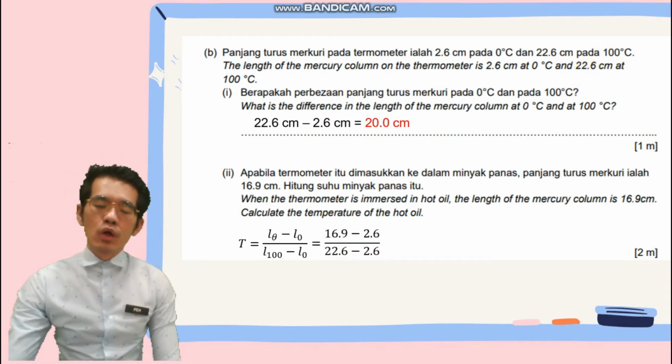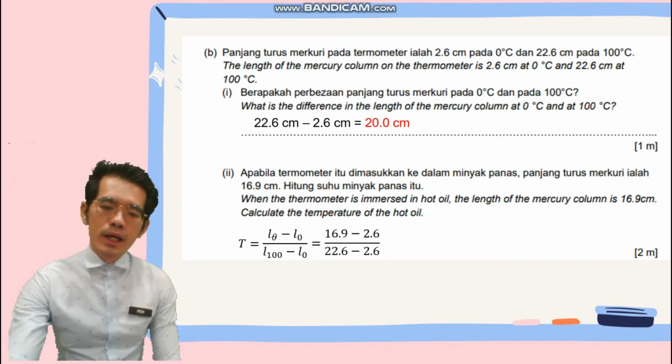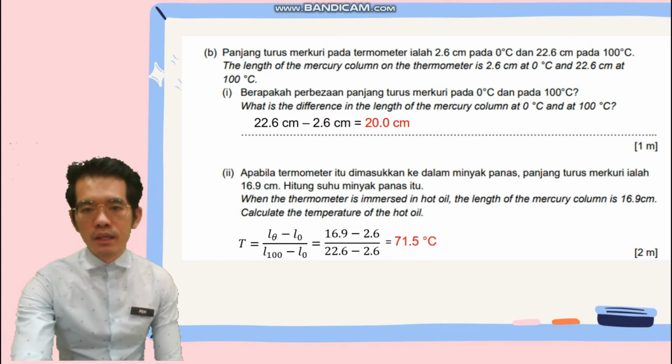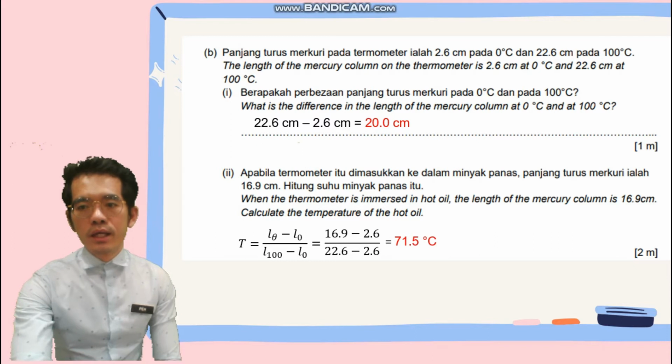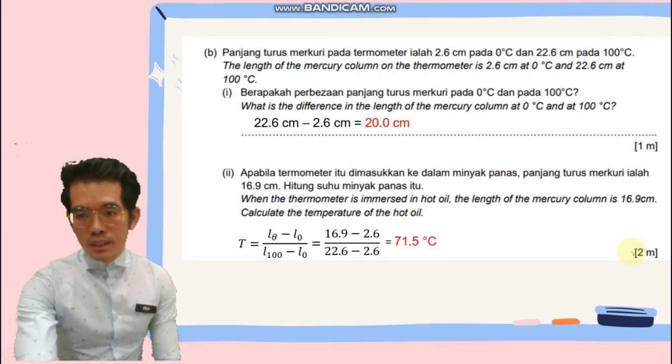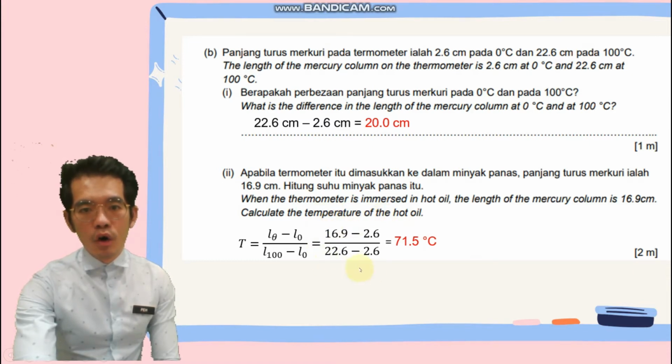So we substitute all the values into the formula and we get the answer 71.5. Since the question is given 2 marks, 1 mark will be given for the substitution of all values in the formula, and the other mark for the answer of the calculation.